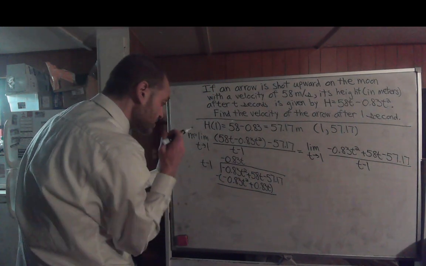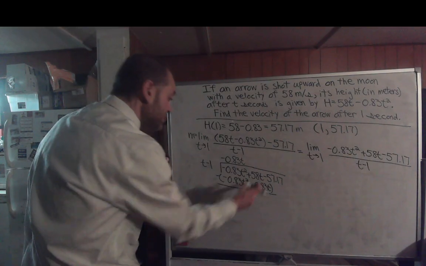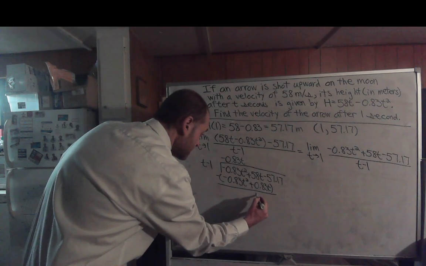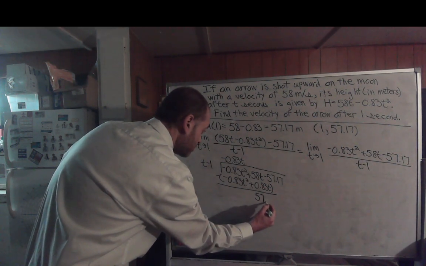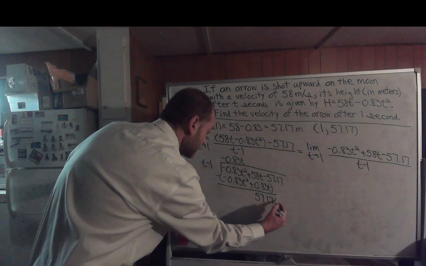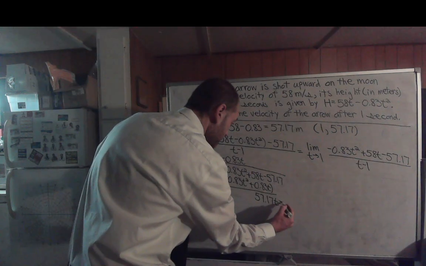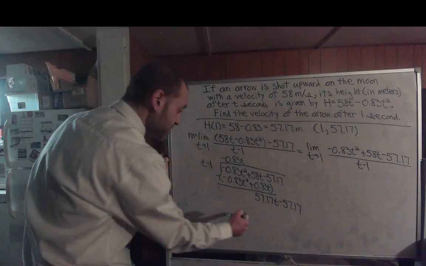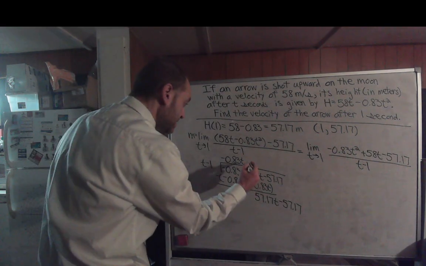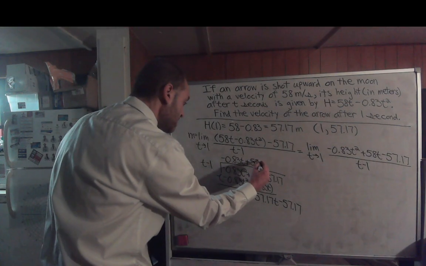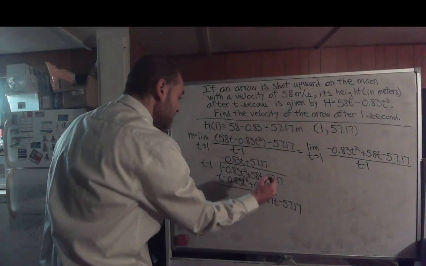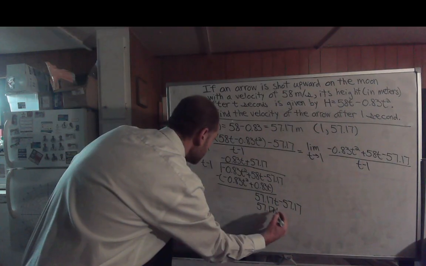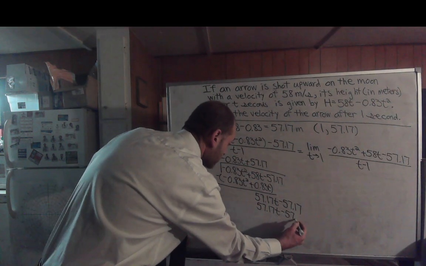Goodness gracious. So we'll end up having 58t minus 0.83 t. That would be 57.17 t. Then minus that 57.17. So t goes into 57.17 t. That'd be plus 57.17 times. Sorry, so 57.17 t minus 57.17.